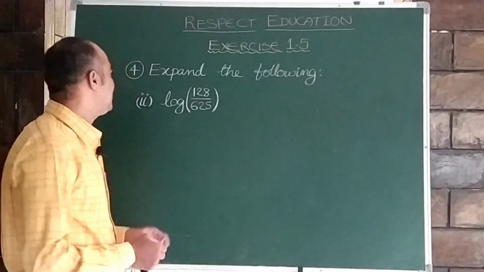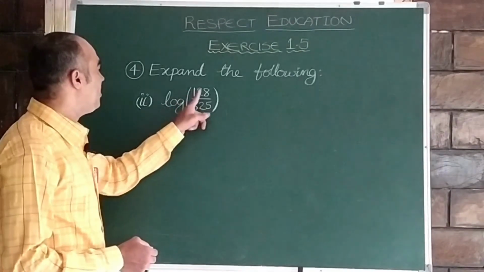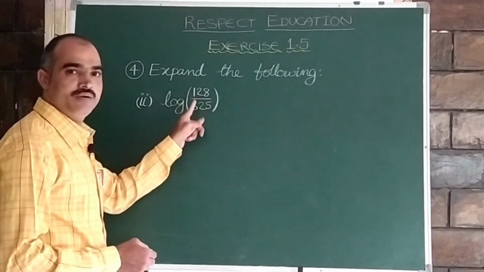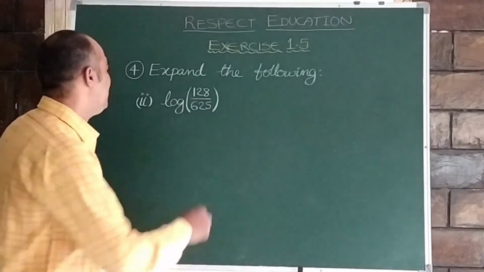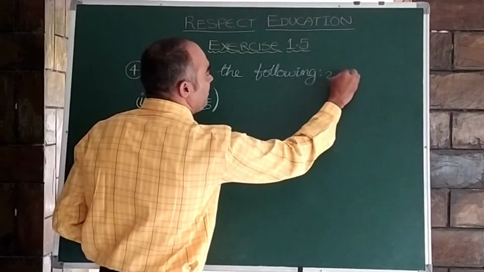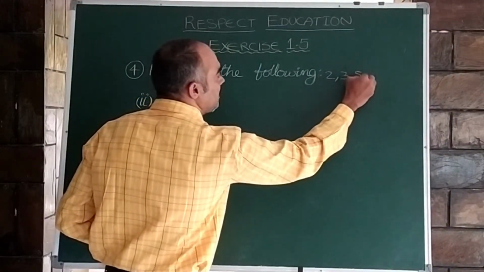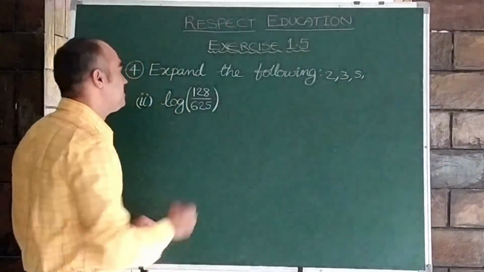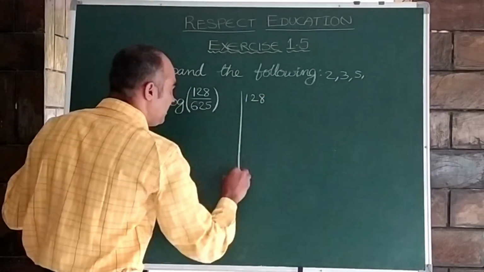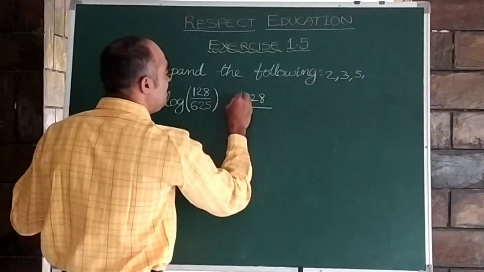Let us see next bit, that is second bit. Log 125 by log 128 by 625. So here as I have told you, let us write the prime factorization. So we need to take 2, 3, 5, so on. So all the prime numbers. So here consider 128 and let us try this one with 2.